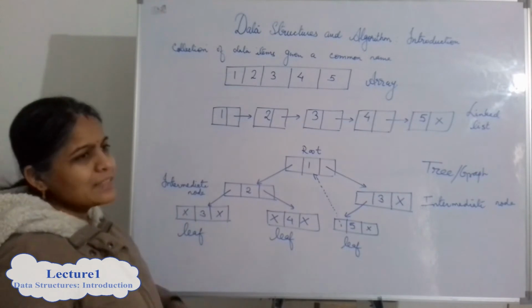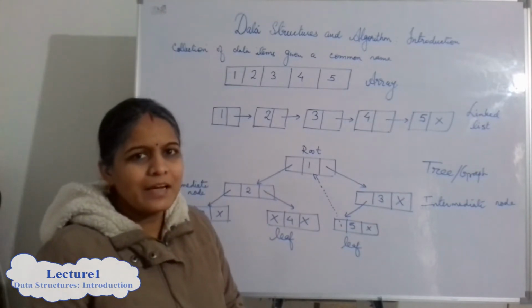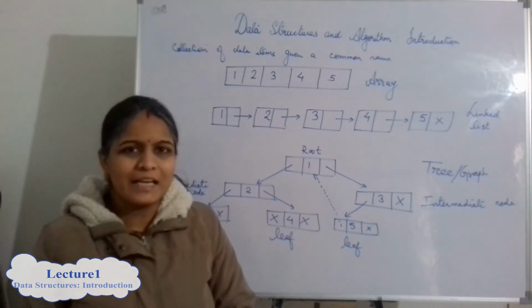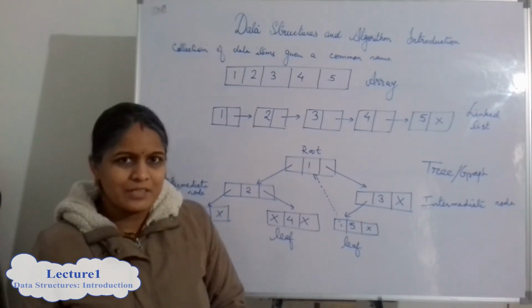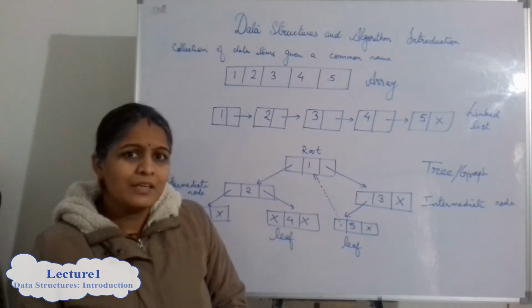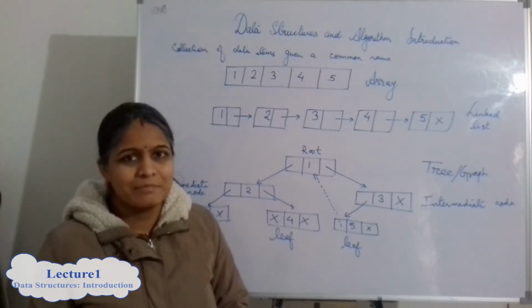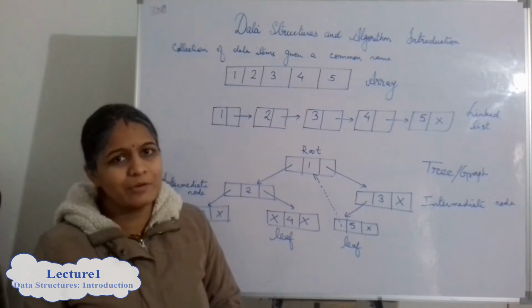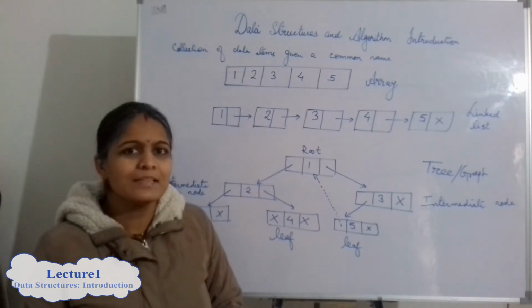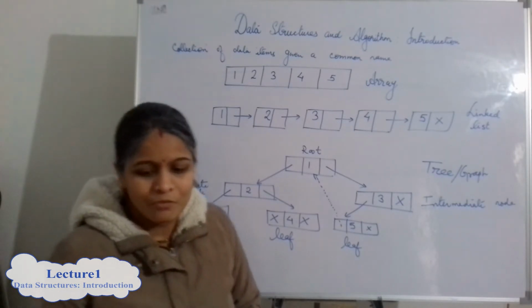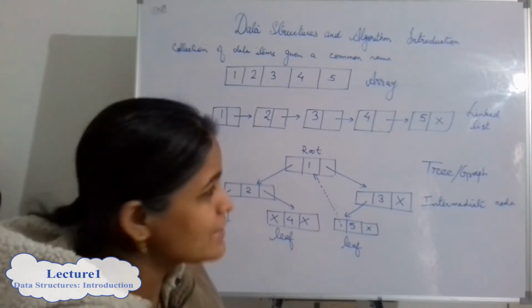So data structures are the collection of data items given a common name. If we talk about data structures, then we must have to define some basic operations that can be performed on these data structures. See, what are the different types of operations? Okay.